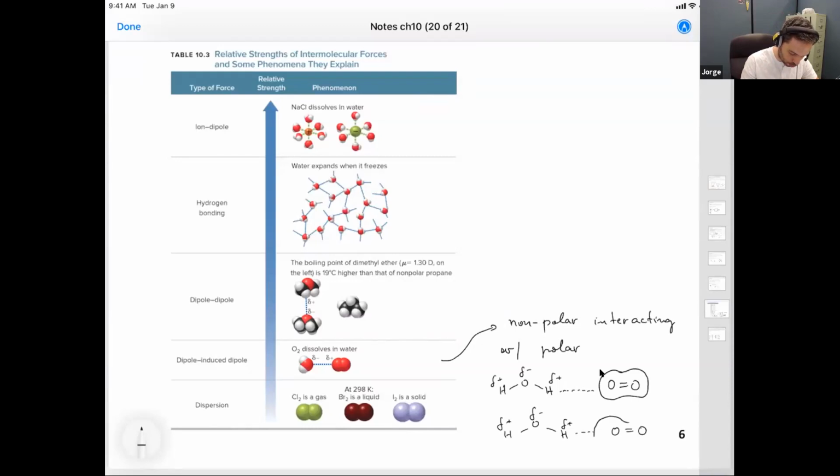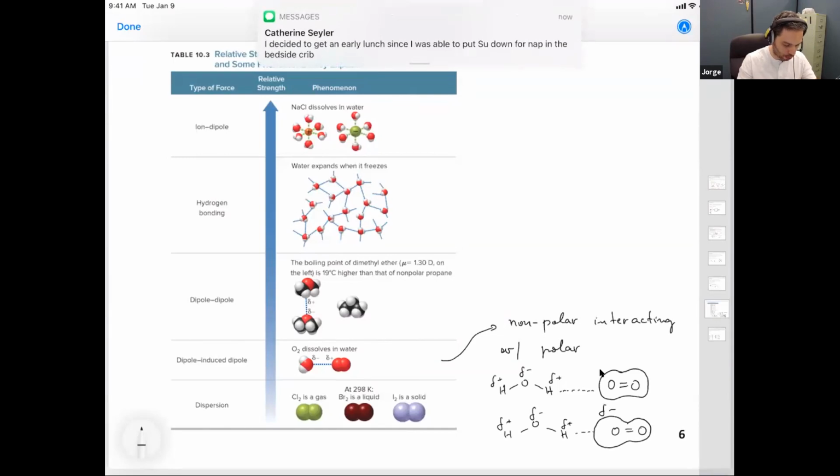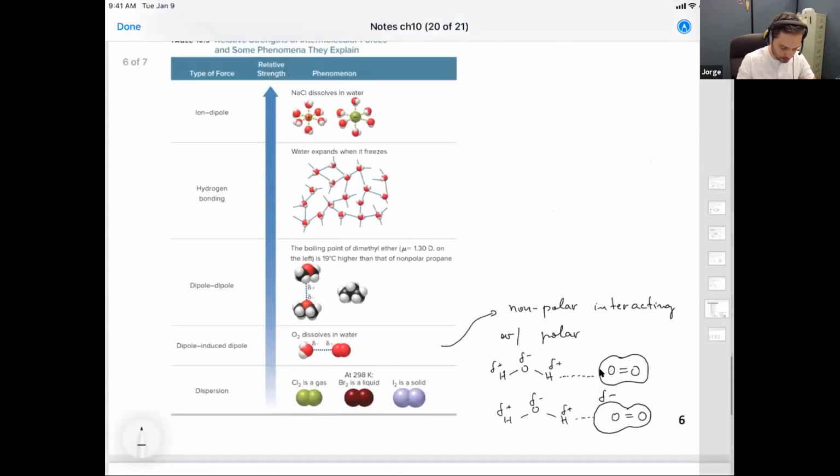That will pull all electrons towards the left side, and that will create a dipole in the oxygen molecule.